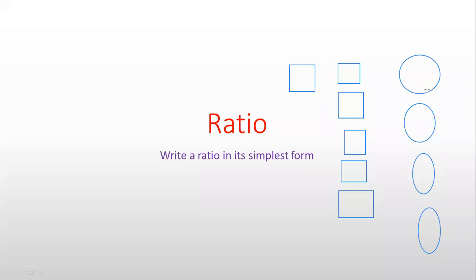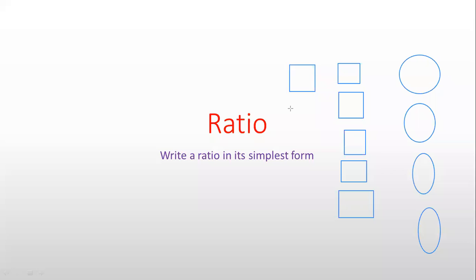So I will choose Jasser because he raised his hand. Okay, Jasser. Ratio for the square to circle. Yes, 6 to 4. Wait, again.